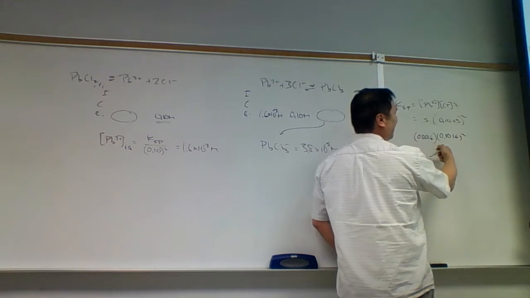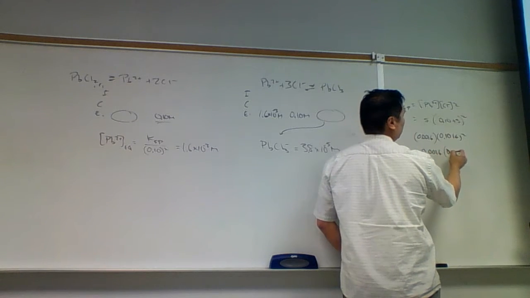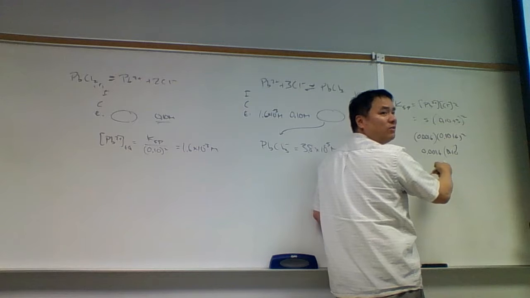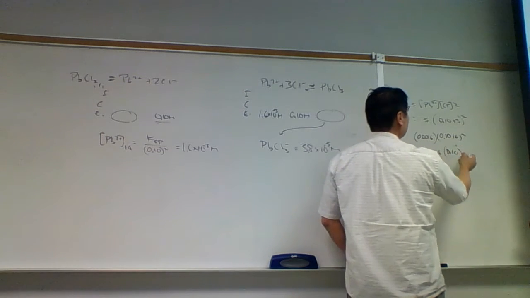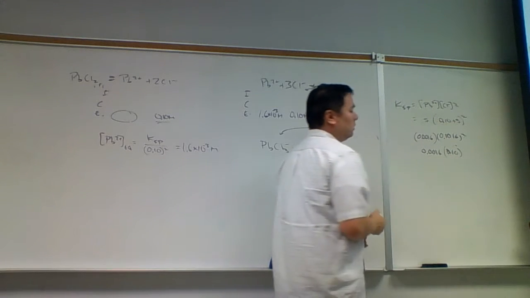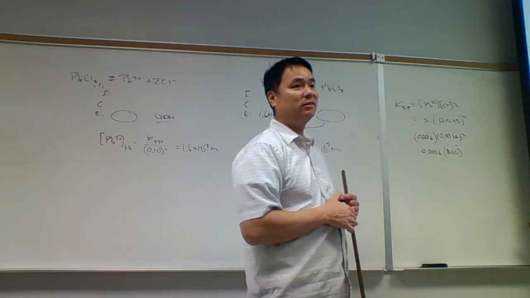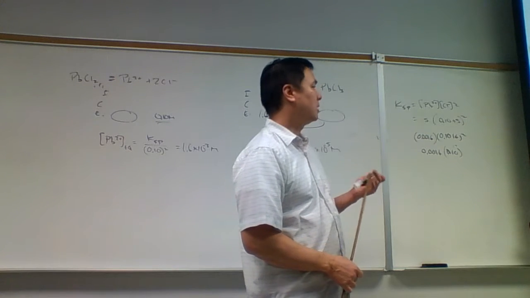And then we multiply it. We don't do 0.0016 and then 0.10. Even though we use a simplifying assumption, we still factor that in, because if we did this, our K value is going to be off.